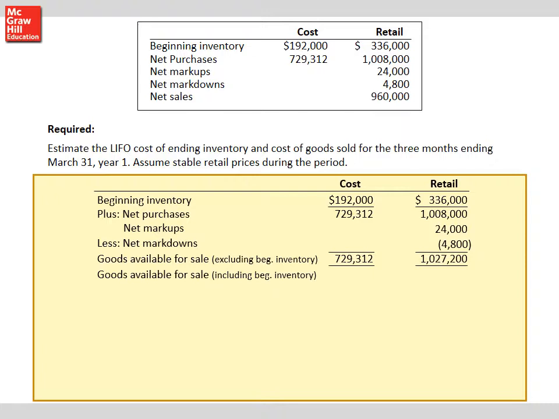Overall, the cost of everything that could have been sold, beginning inventory plus the goods just purchased during the year, is $921,312. The retail value of those items, the $336,000 plus the $1,027,200, is $1,363,200. So if they sold all of their inventory, that would be their sale price, and the cost of goods sold would be $921,312. But they didn't.